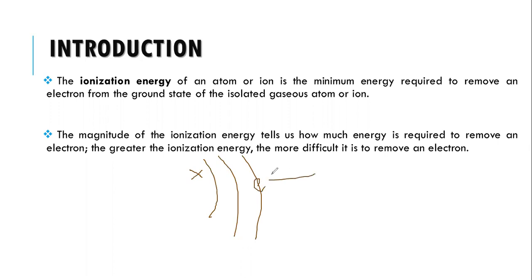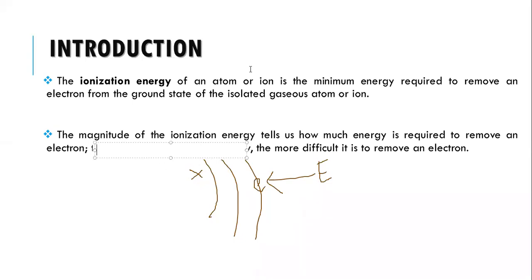You need energy to remove it. That energy is called ionization energy. This is the simple explanation. So the magnitude of the ionization energy tells us how much energy is required to remove an electron. This is very important, guys.